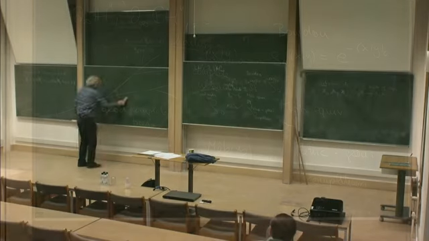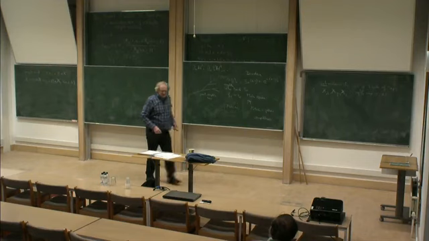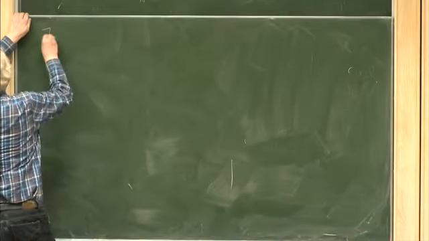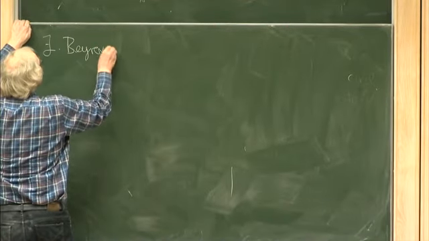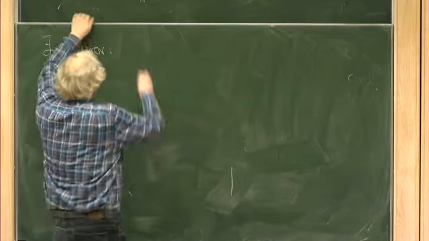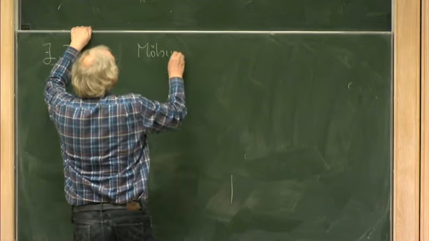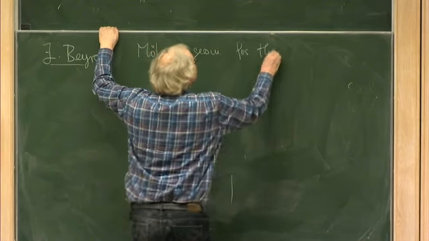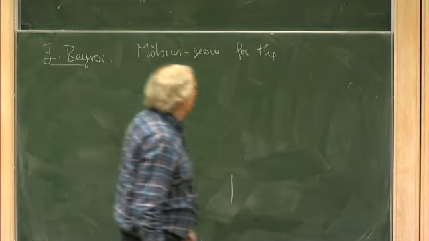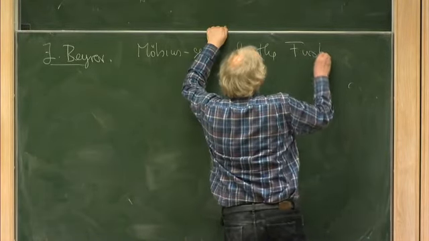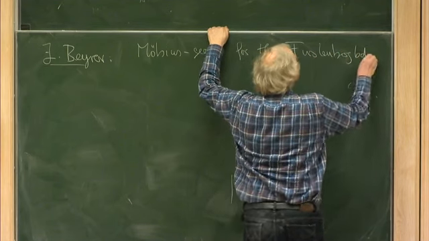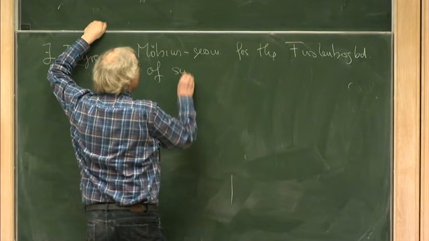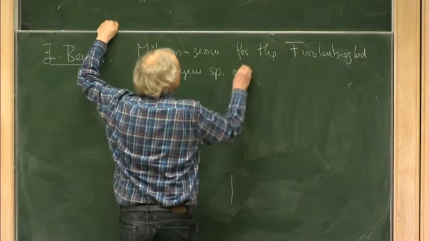But my student Jonas Beirer has developed some kind of Moebius geometry for a certain boundary of a higher rank symmetric space, namely the Furstenberg boundary, of symmetric spaces of higher rank.